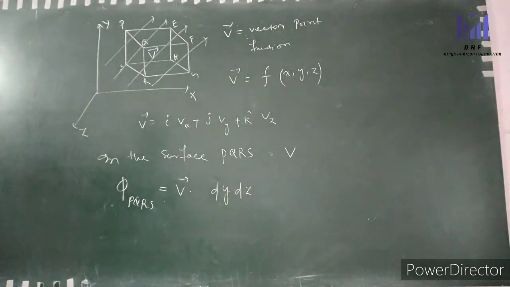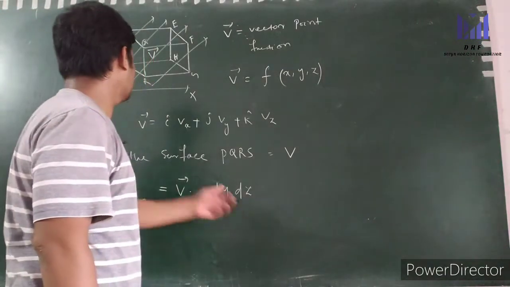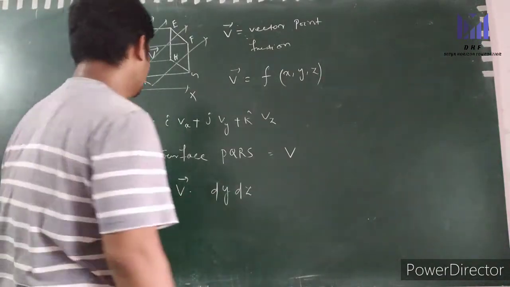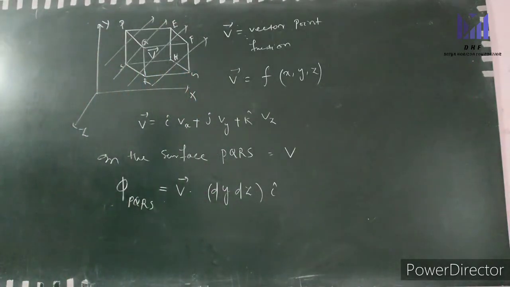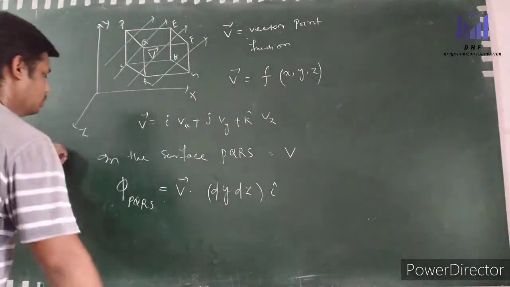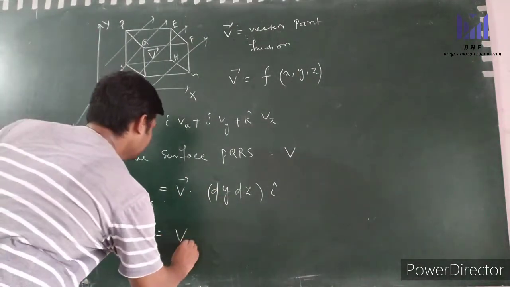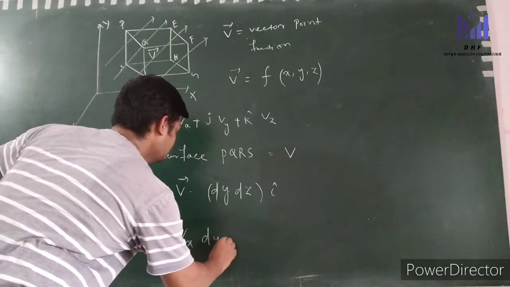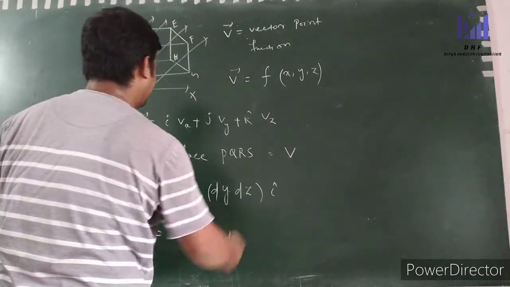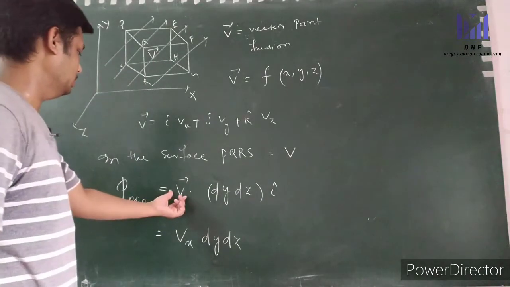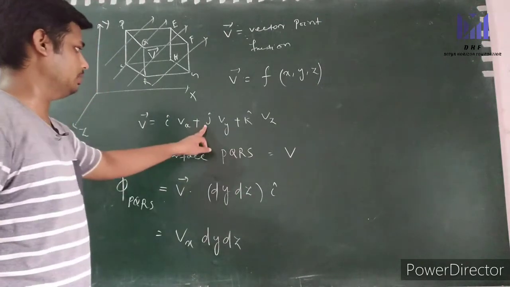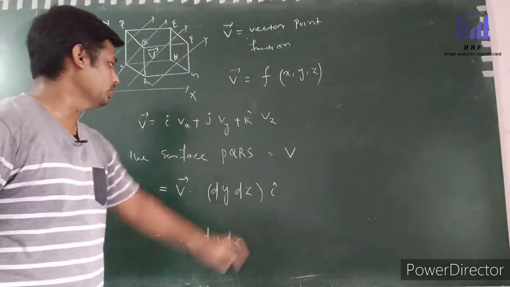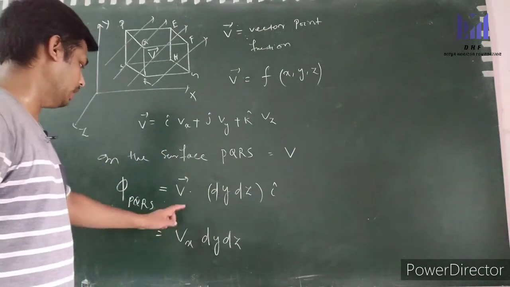The magnitude of this surface area is dy dz, and the direction is along the i cap direction. If we take the dot product of these two vectors, j cap dot i cap will be 0, k cap dot i cap will be 0, and only i cap dot i cap will exist.